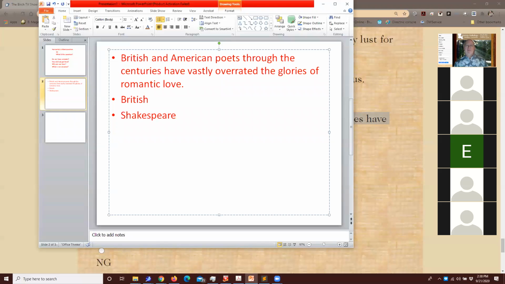So Shakespeare vastly overrated the glories of romantic love. Now, is it narrow enough now? Could be one poet or just a smaller amount of time. Well, a smaller period of time, like, instead of all his love poetry, all of his love plays. What's one love play? Shakespeare wrote plays about love. What's one of them? Romeo and Juliet. Of course.